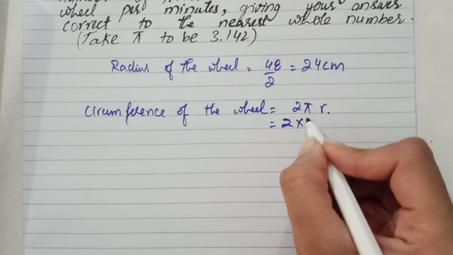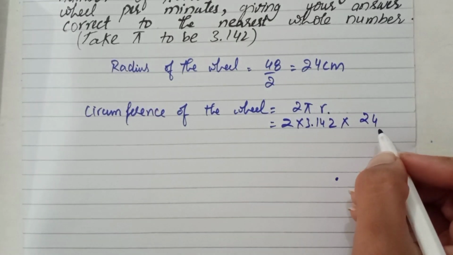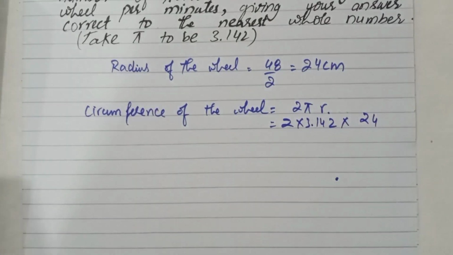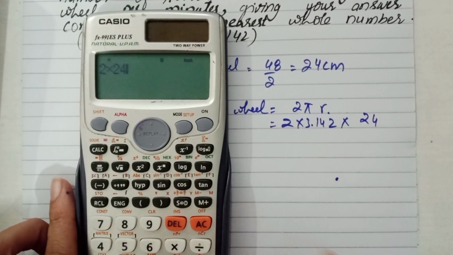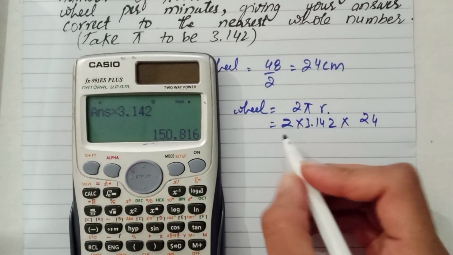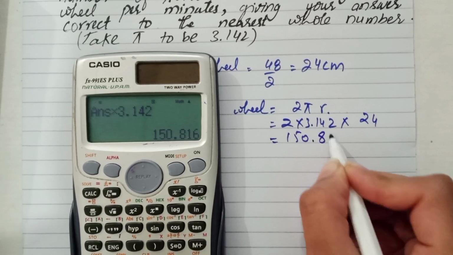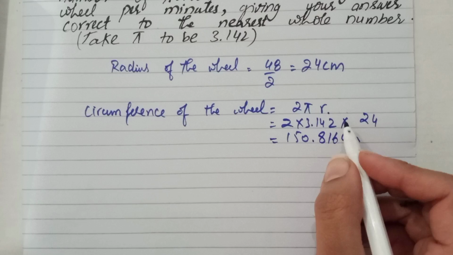Now putting value 3.142 and r is 24. By calculating, 2 multiplied by 24 multiplied by 3.142, we get 150.816 centimeters. That is the circumference of the wheel.